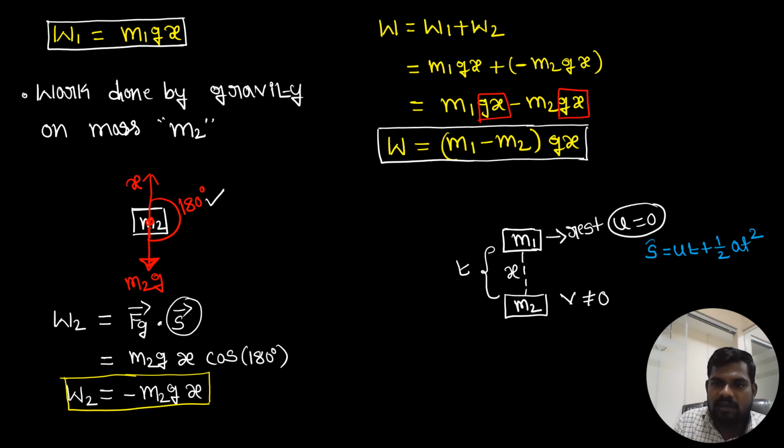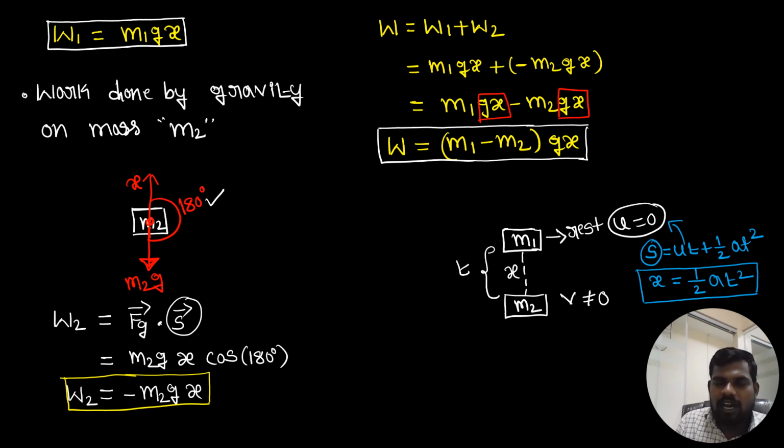Here S is the displacement, which is x. u is the initial velocity, which here is 0, so 0 into t is 0. The remaining is 1 by 2 a t square. So the displacement moved from the initial position to the final position is x equal to 1 by 2 a t square.